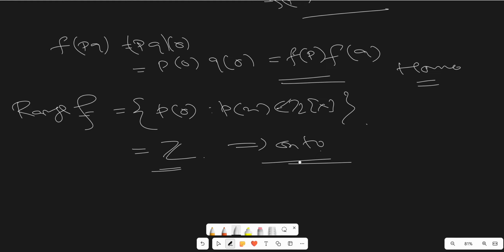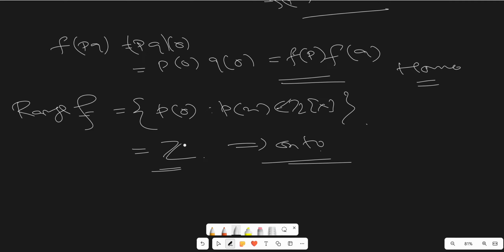If it is onto and a homomorphism, do you know the first isomorphism theorem for groups? A similar thing will work here.